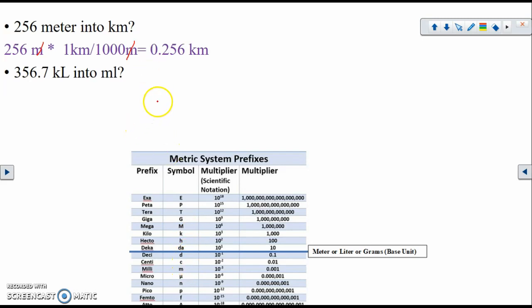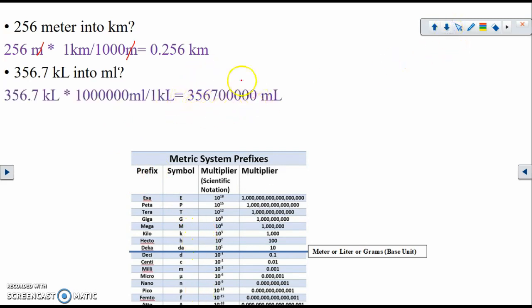That means 1 followed by 6 zeros. The question is, am I multiplying or dividing by 1,000,000? The answer is, since we're going down, we are multiplying by 1,000,000, and this is what you get. Again, the reason why we are multiplying by 1,000,000 is we're going down. If we were going up by 1,000,000, we would be dividing by 1,000,000.